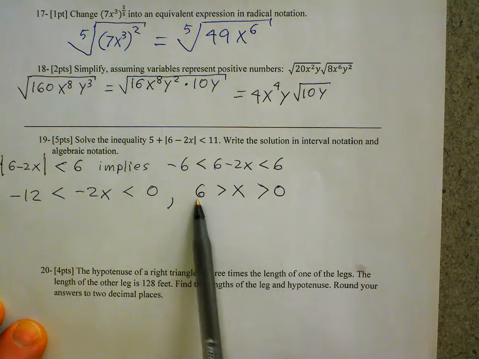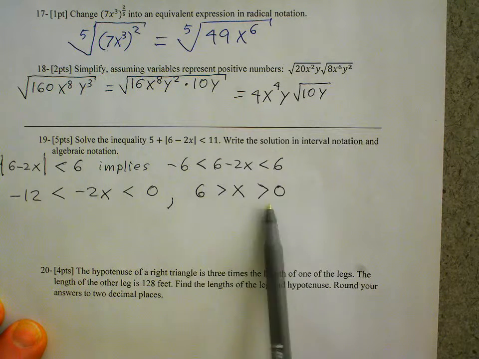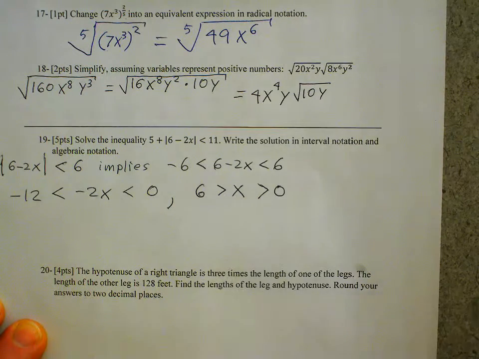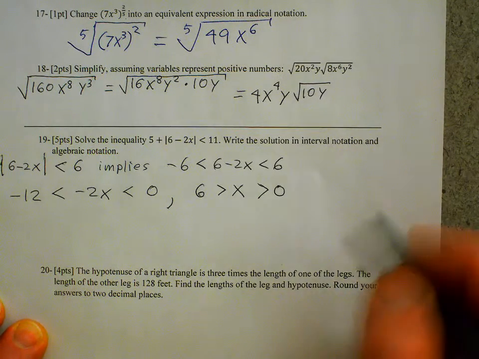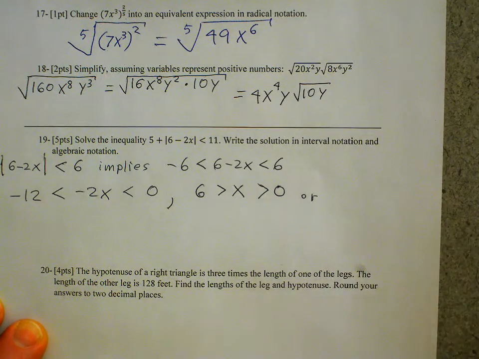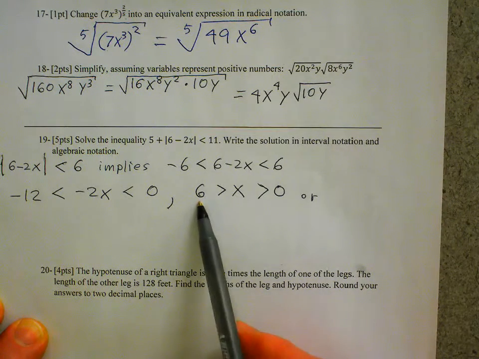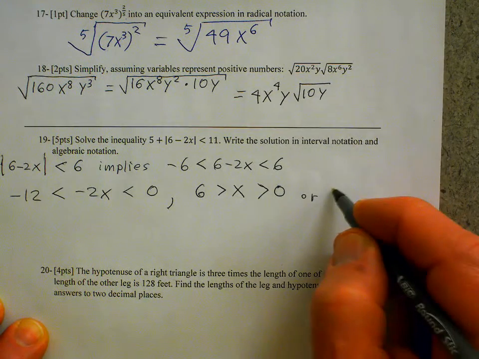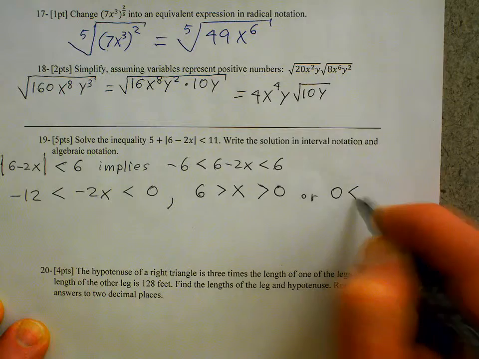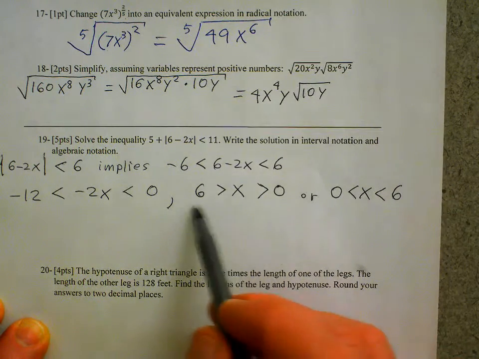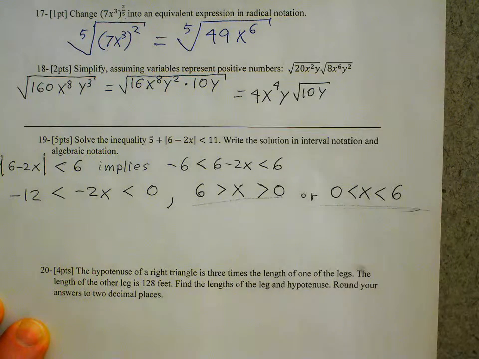Okay, so this is a perfectly fine way to write the solution. It might seem a little weird because normally we want the smaller number to the left. And we can do that. 6 greater than x, which is greater than 0, means the same thing as 0 is less than x, which is less than 6. So either of those is okay for the algebraic notation.